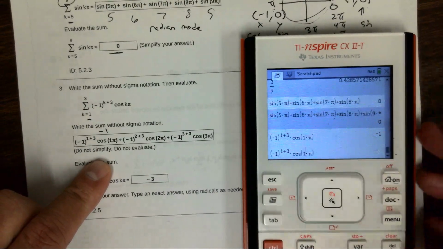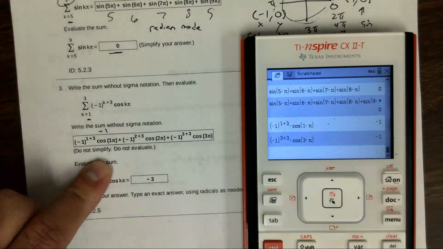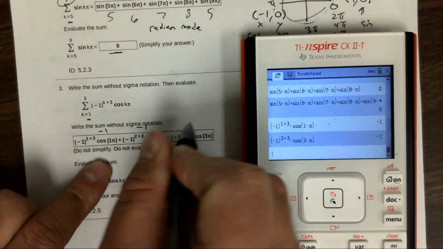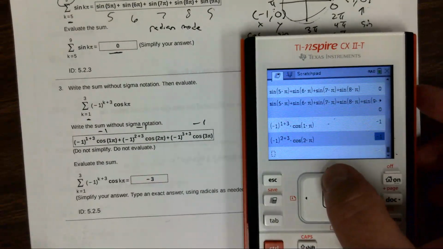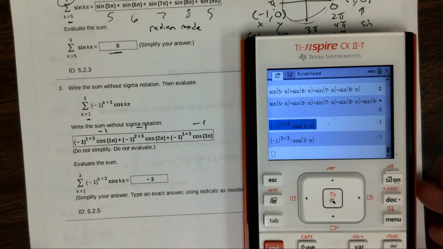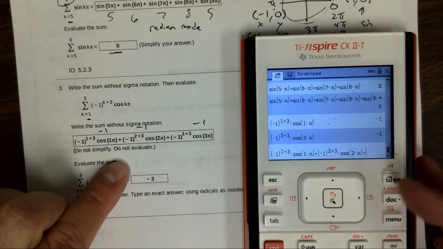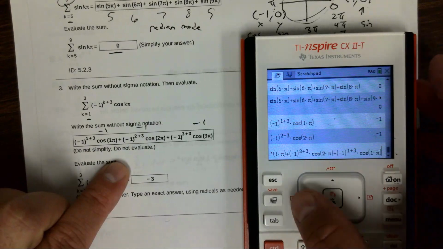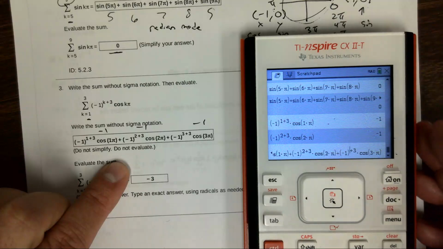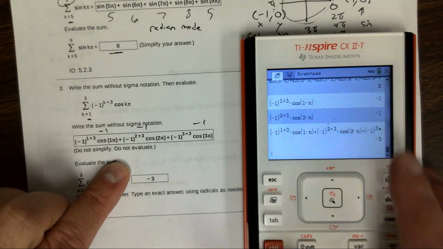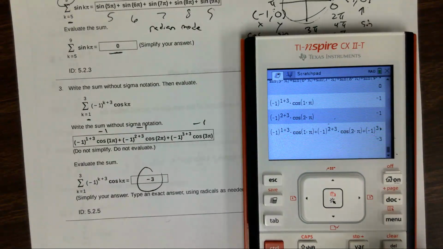Now I'm going to change this to 2 and this to 2, and I get -1. And then the next one's also -1, and so you get -3. Now I could have done this plus this one plus this and change this to 3 and change this to 3. Oops. And so then I get my -3. So that's how you do that.